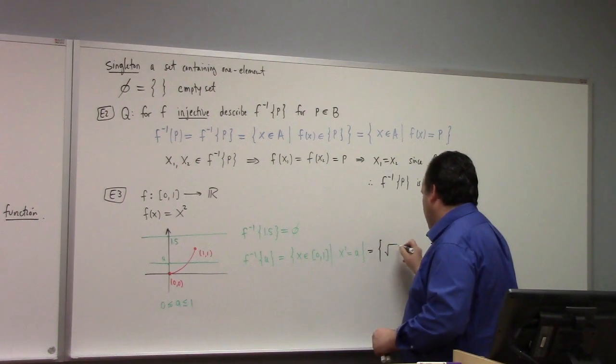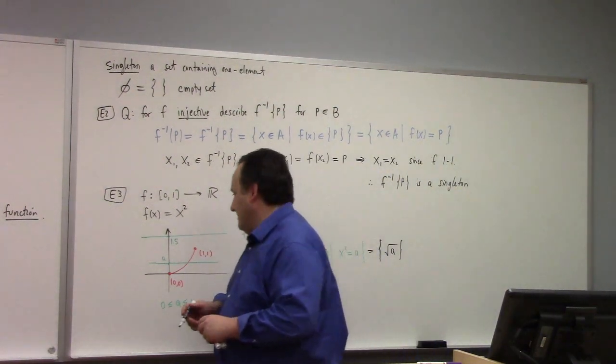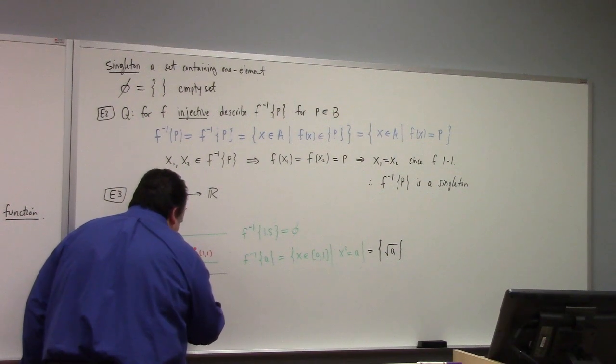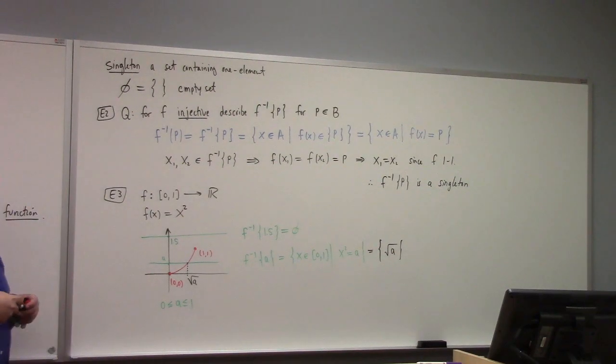It's just the square root of A. So right here, the square root of A is the point which maps to A.